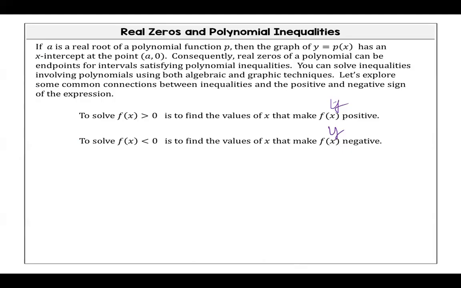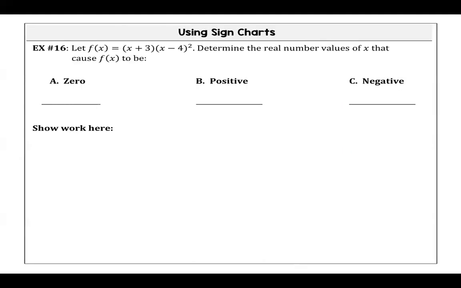Okay. The best way of doing this on non-calculator parts of the test is called a sign chart. So we're going to go through how do you make a sign chart. All right. So making a sign chart is just using only your x-intercepts, your zeros. So first thing you're going to do is identify your zeros. Okay.